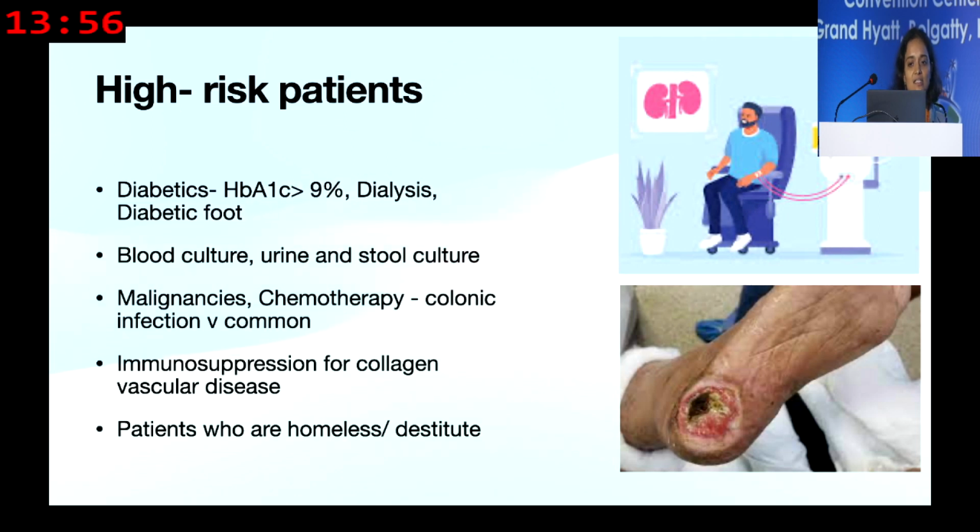So these patients have a subacute sepsis, and it is safe to assume that they are always in a state of subacute sepsis because of this. So in such patients, a blood culture, urine and stool culture is probably indicated more often than not, because that can uncover some infections, and we have to be on guard for such patients.